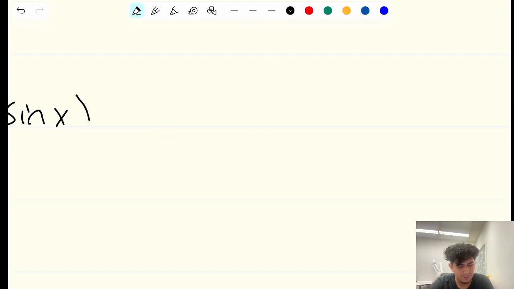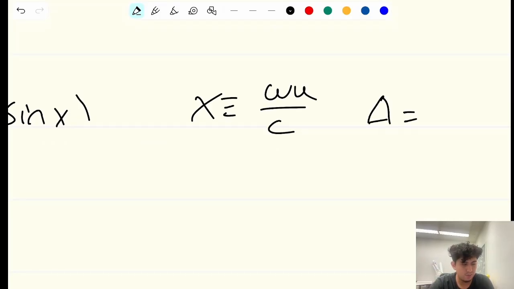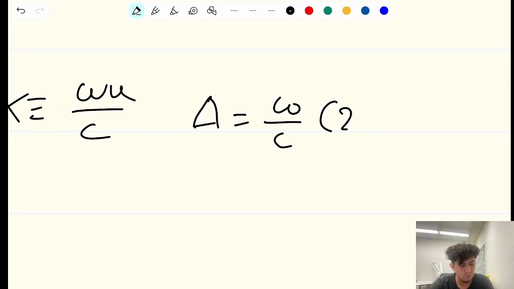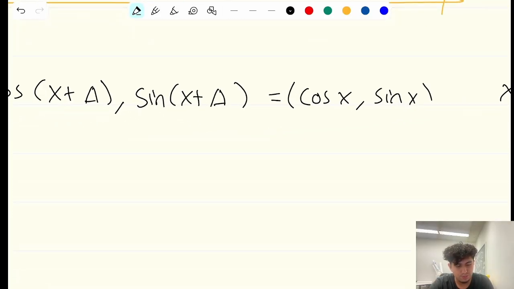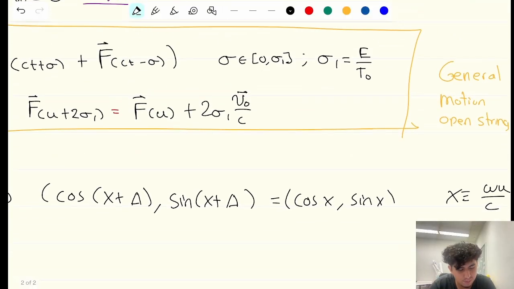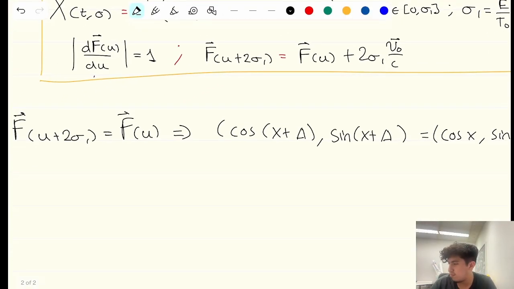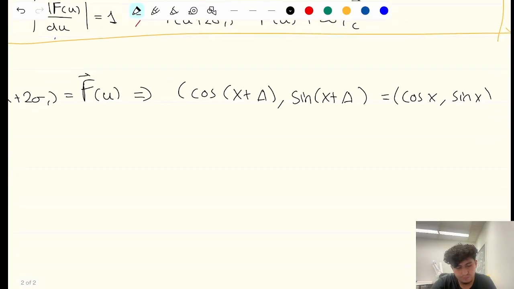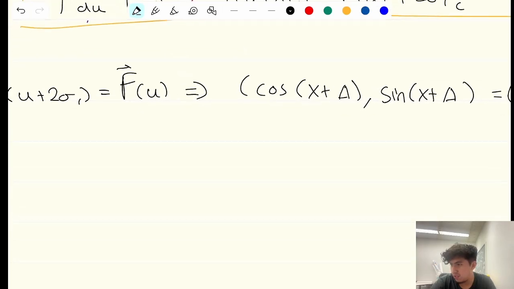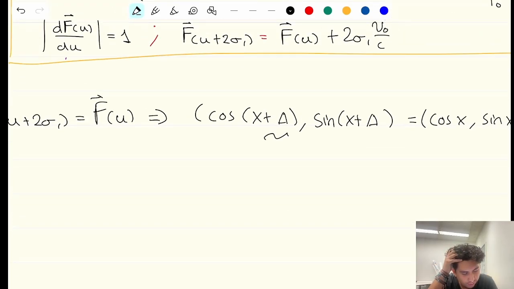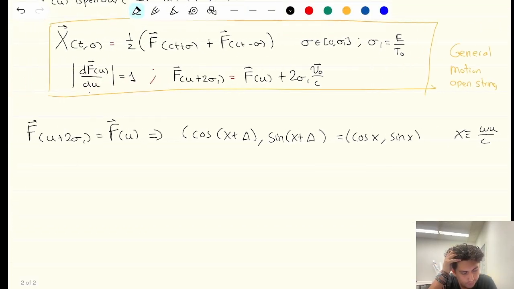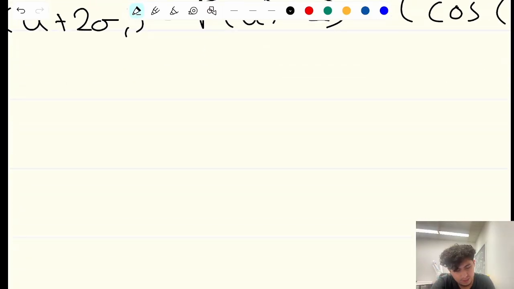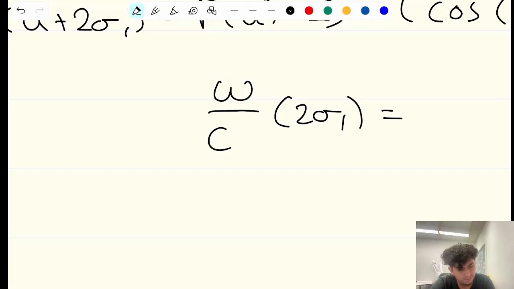Here I defined x to be omega u over c, and then delta to be omega over c times 2 sigma 1. This is just a period, the length that it takes for one period to repeat. If you know how periodic functions work, then this implies that the frequency behaves in this way.